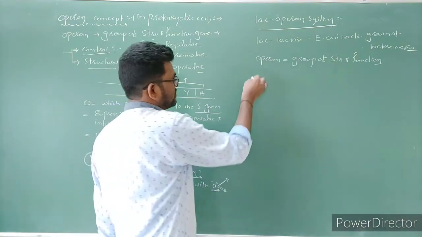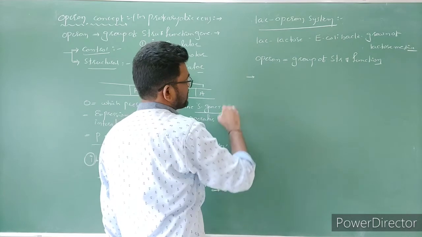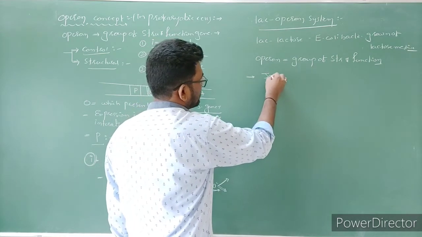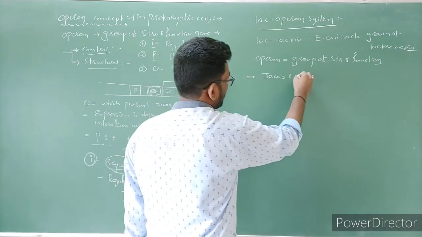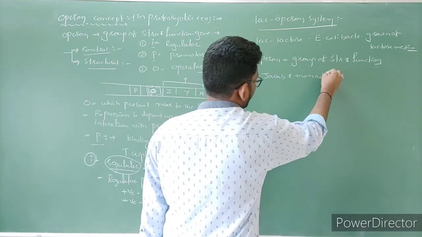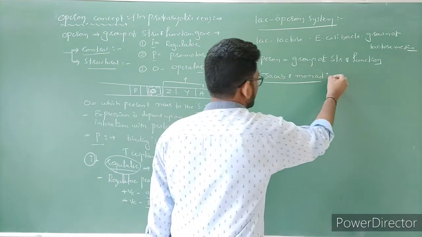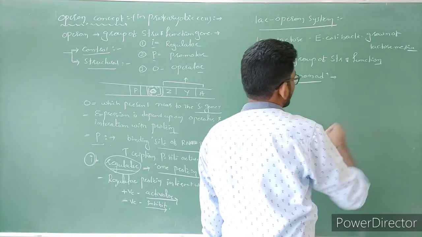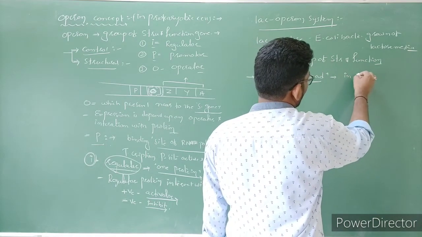Next, this lac operon gene expression was first explained by Jacob and Monod in E. coli bacteria.